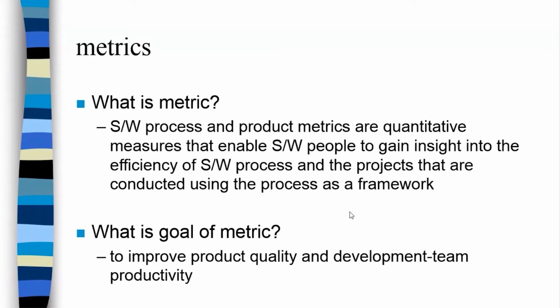You can say a metric is one type of measuring tool, a management tool, and it offers insight into the effectiveness of the software process you have selected as a framework.